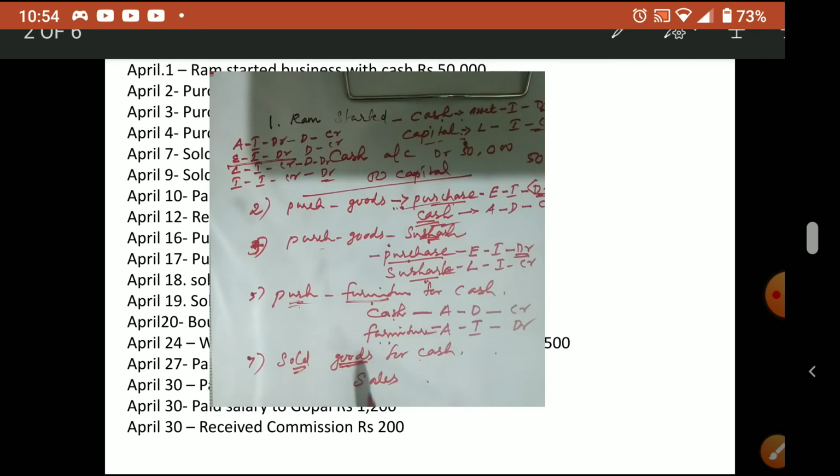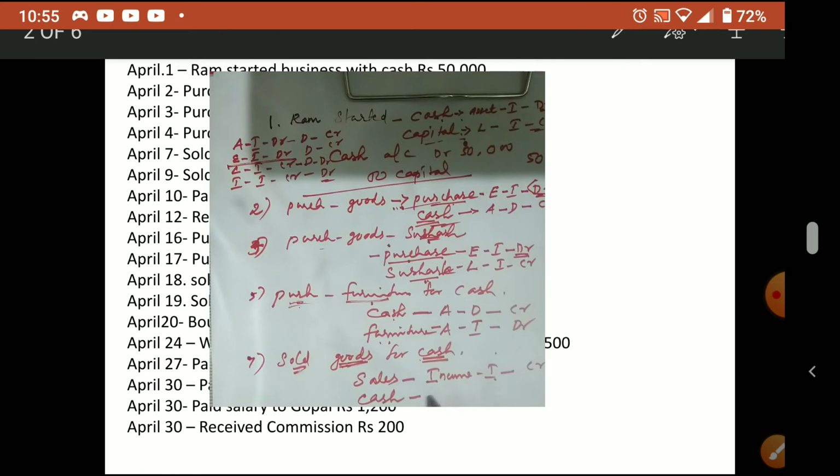That is the main difference. Sales for cash, so cash is an aspect. Sales means income is increased. When we sell goods we are getting money, so income increase. Sales increase means credit.